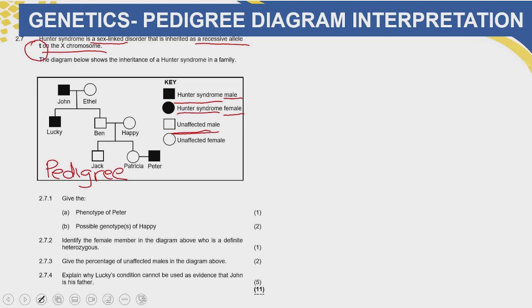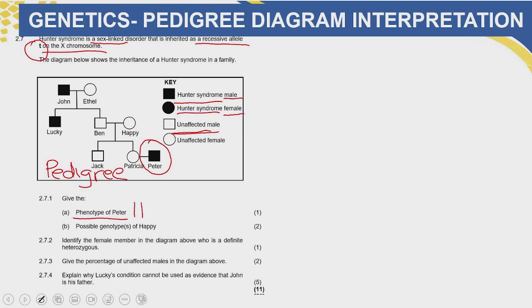Let's quickly go through the questions. Give the phenotype of Peter. Where is Peter? Peter is here. What do we see about Peter? Peter is a male because it's a square, and Peter is shaded, meaning that Peter has Hunter's syndrome.